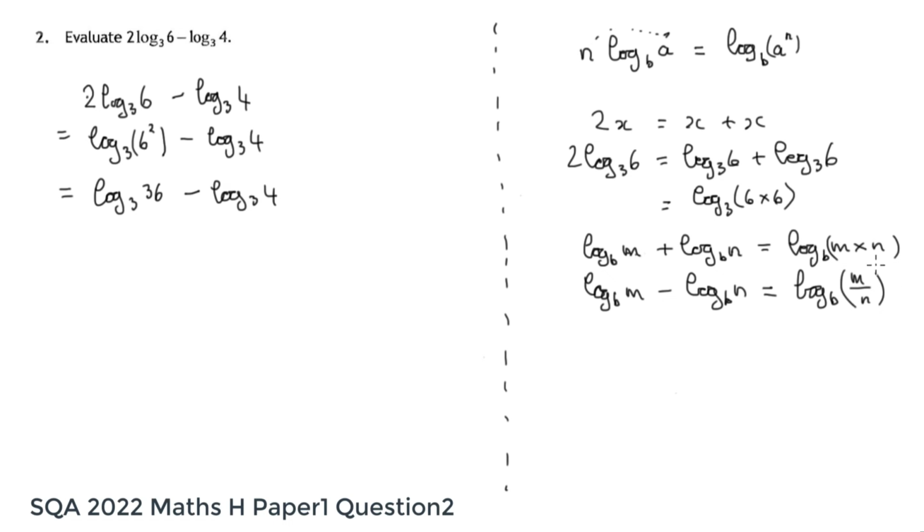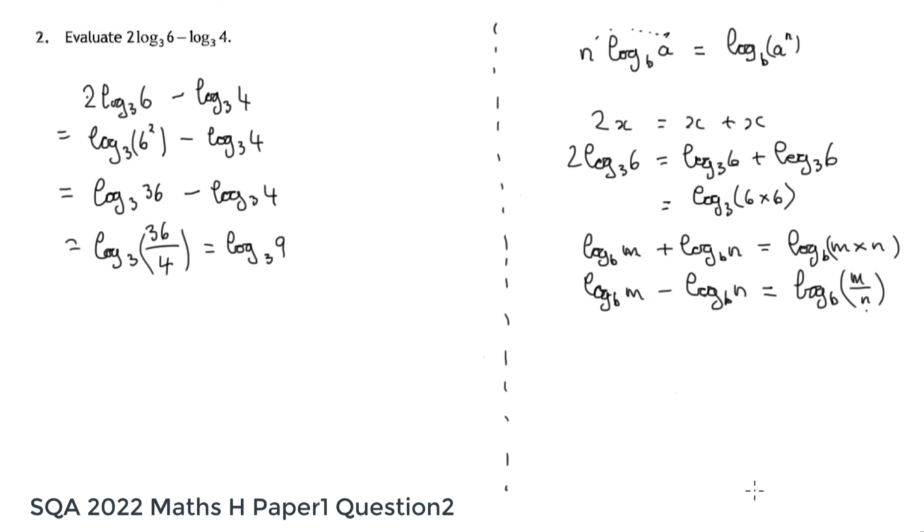So add 2 logs, multiply the 2 numbers, subtract 2 logs, you're dividing the 2 numbers. So in this case we've got log to the base 3 of 36 divided by 4. Now 4 goes into 36 9 times, so we're ending up with a log to the base 3 of 9.